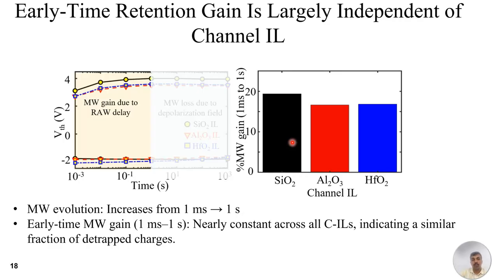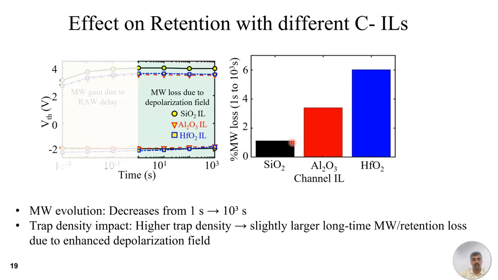Now let us shift our focus to long-time retention between 1 second and 1000 seconds. What we observe here is that as we go from 1 second to 1000 seconds, the memory window tends to decrease. To quantify the memory window decrease, we plot percent memory window loss, and we see that the memory window loss increases as we go from SiO2 to HfO2 CIL.